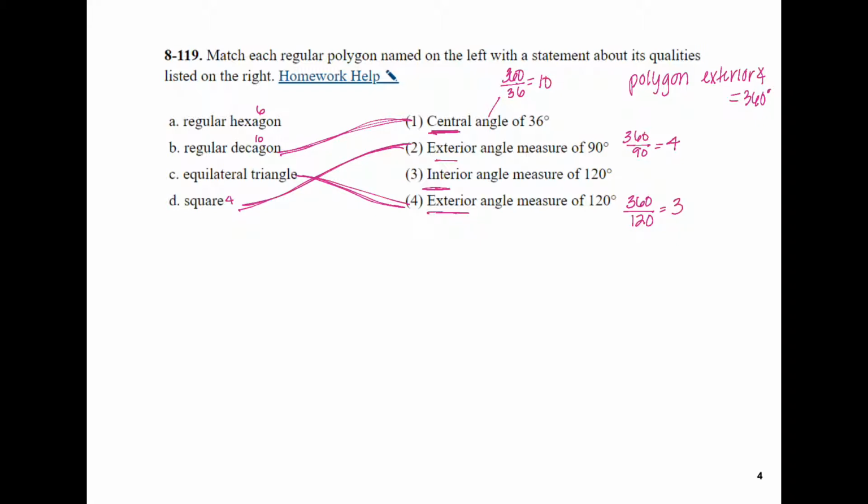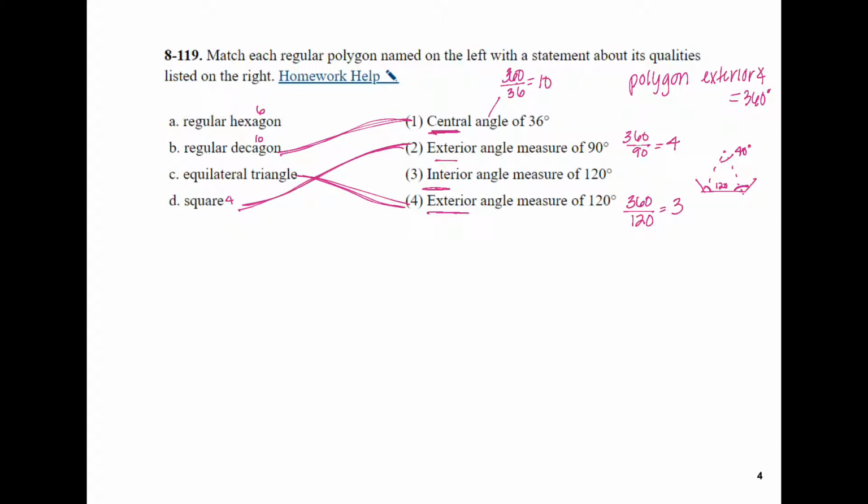Our interior angle measure of 120, if we think of our interior angle measure for our polygon, it is this angle right here, which adds up to 180. So if you take 180 and subtract out 120, you could find your central angle of 40.